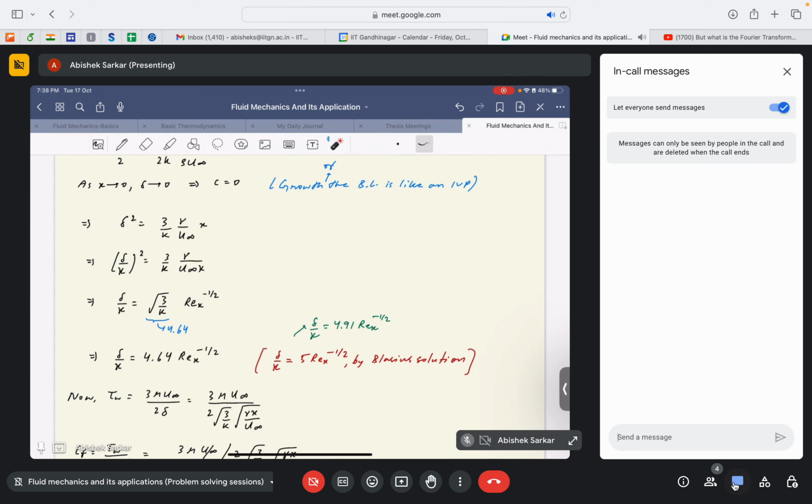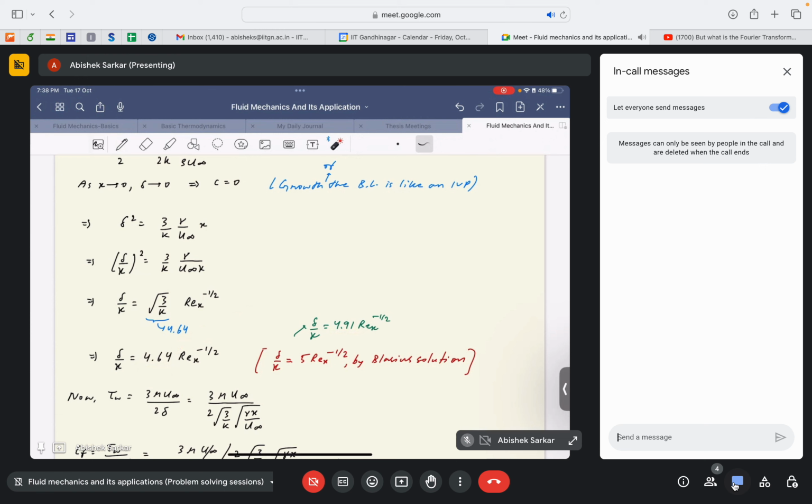But here, just by assuming a certain velocity profile, imposing the appropriate boundary conditions, and doing the integration, which is the most challenging part, and thus the name integral methods in boundary layers, we get the coefficient as 4.64, quite close to the Blasius solution. This shows how elegant and beautiful this method is: just assume a velocity profile, substitute in the von Karman equation, then get the expression for the boundary layer thickness as well as for the shear stress distribution.